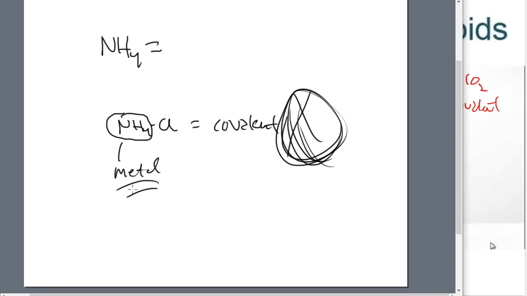Whenever I see NH4, which is called ammonium, that ammonium is going to be treated as a metal, paired with chloride, which is a non-metal. So therefore, NH4Cl is an ionic bond. That's one of the few exceptions that we're going to see in the very beginning. It's really the only one that we focus on, not a big deal.